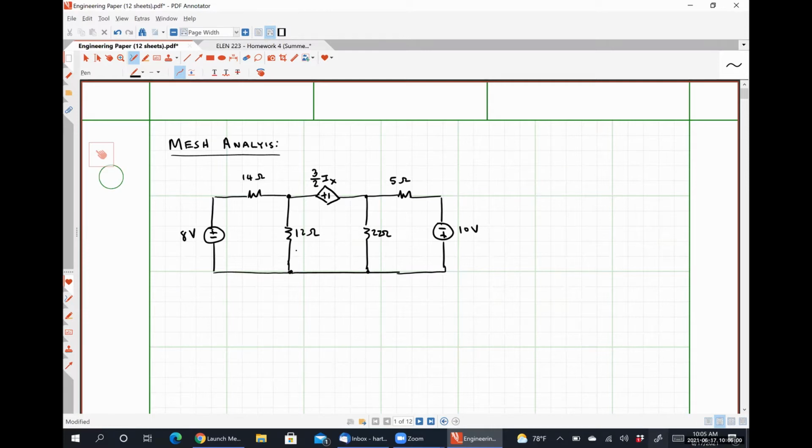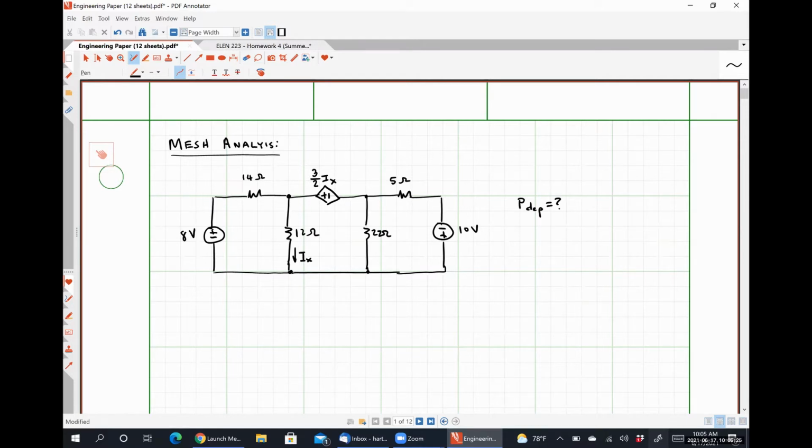So I'm going to say that our current IX that controls our voltage source is here, the current through the 12 ohm resistor, direction down. And my ultimate goal in this particular problem is to find the power supplied by our dependent source.